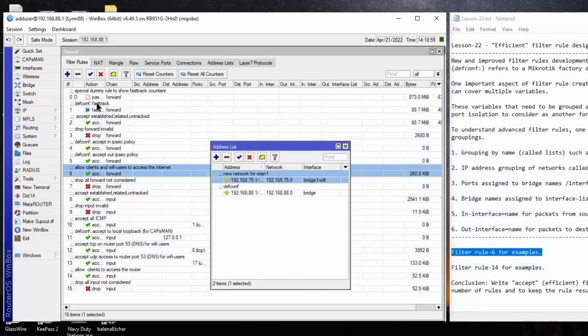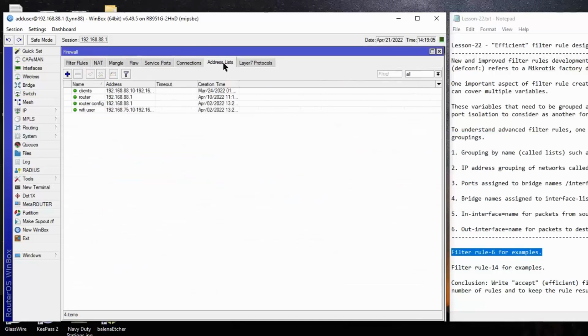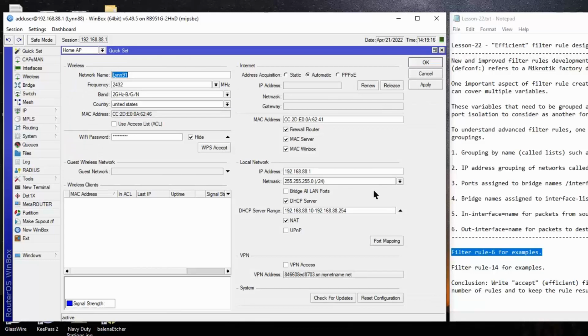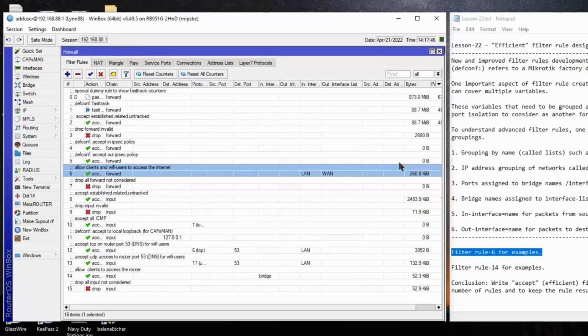And we don't need to know the individual users. For example, under the filter rules, we could in fact go to the address list and say, oh, this is a group of clients, this is a group of Wi-Fi users. We don't need that extension at this time because we already know that they're part of the LAN to go out to the WAN. So that's how all these different forms of grouping interact here.